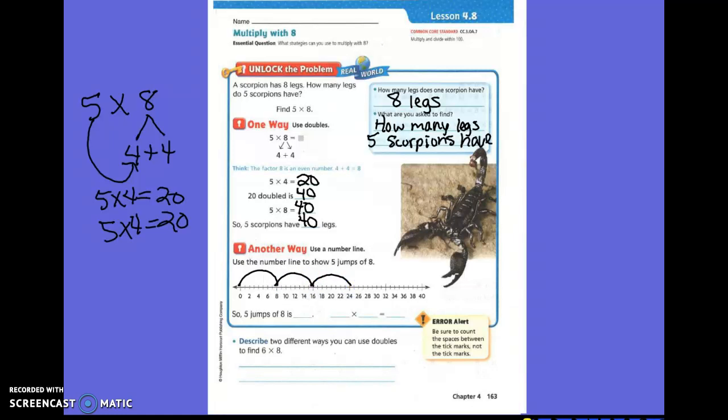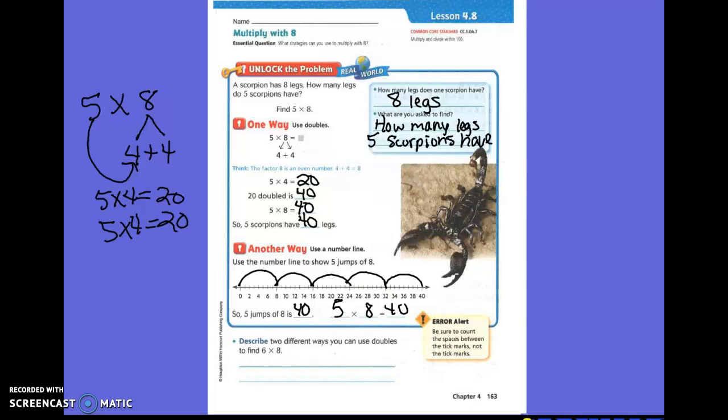That's 3 jumps. We need 2 more. 8 more than that? 32. And 8 more than that? 40. So 5 jumps of 8 is 40. Now let's write the multiplication sentence. 5 times 8 equals 40.